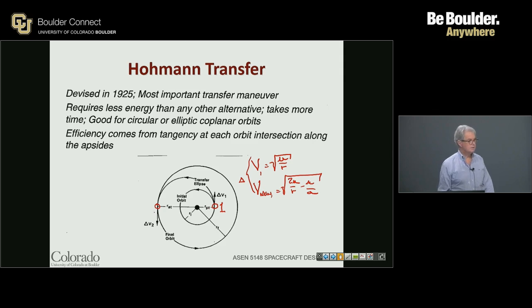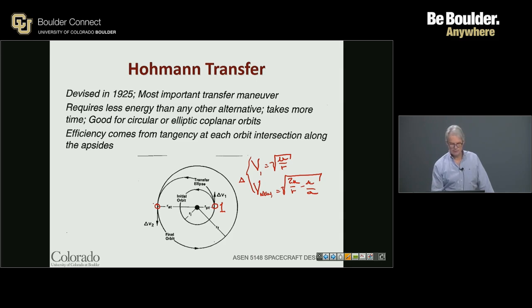If we get out to the new radius but don't do anything, what happens? We just come back to the original point and stay in an elliptical orbit. So what we have to do out here is apply another velocity change, essentially increase our velocity.